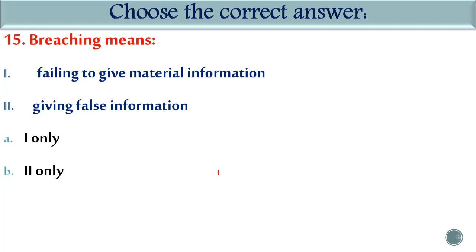So breaching has 2 forms: non-disclosure, or failure to give material information, and misrepresentation, or the giving of false information.